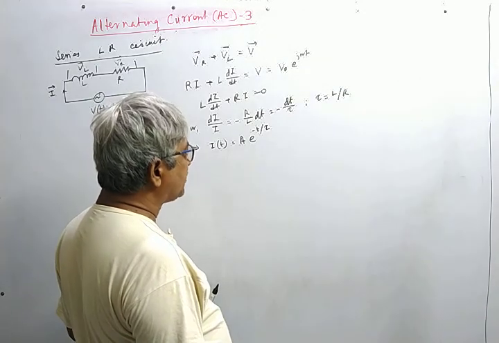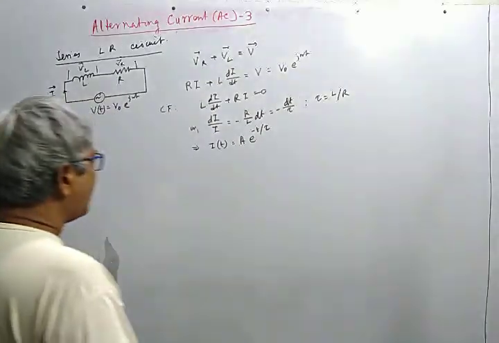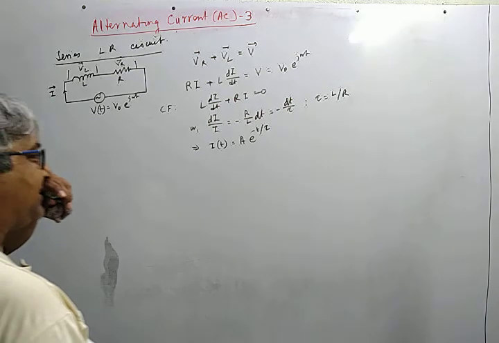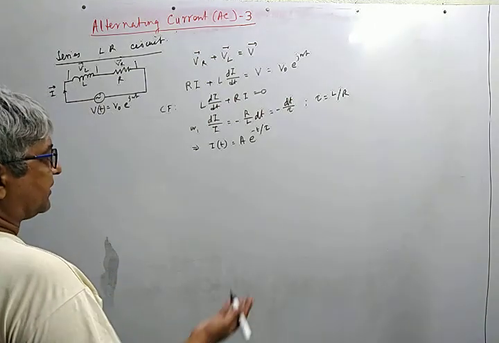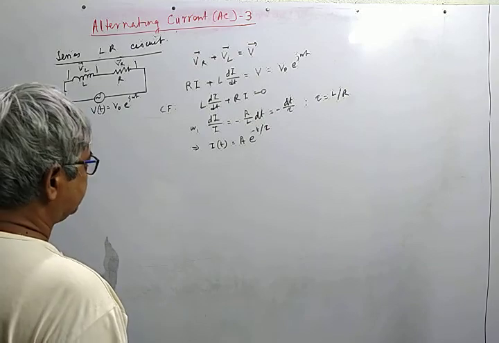When t is equal to tau, the current falls to 1 by e times of its initial value. So the greater the tau, the greater will be the time taken for the current to die.